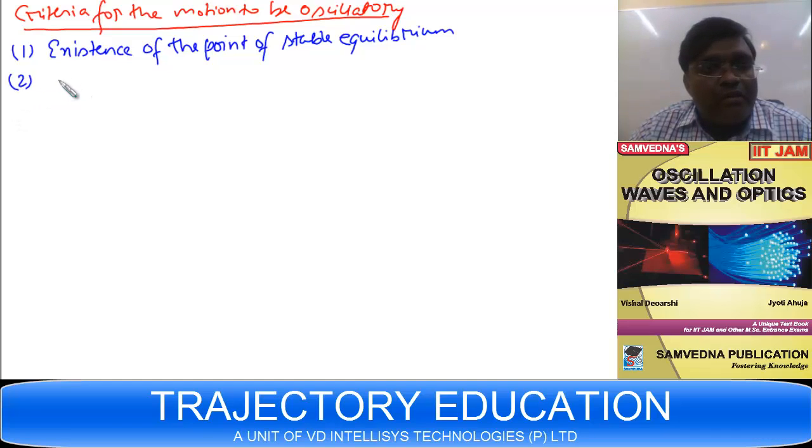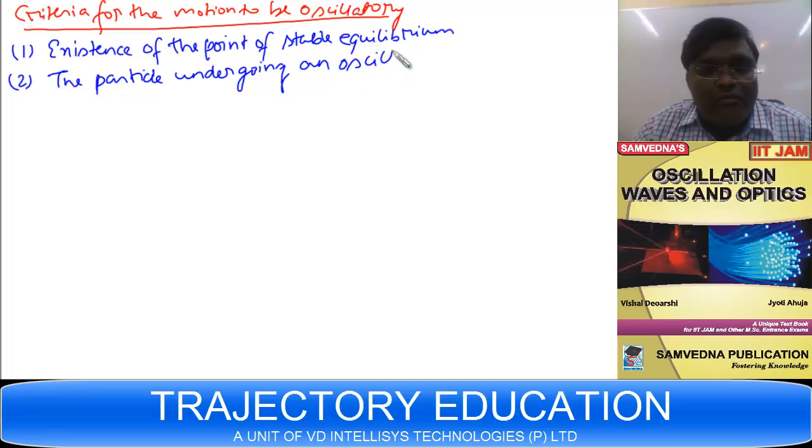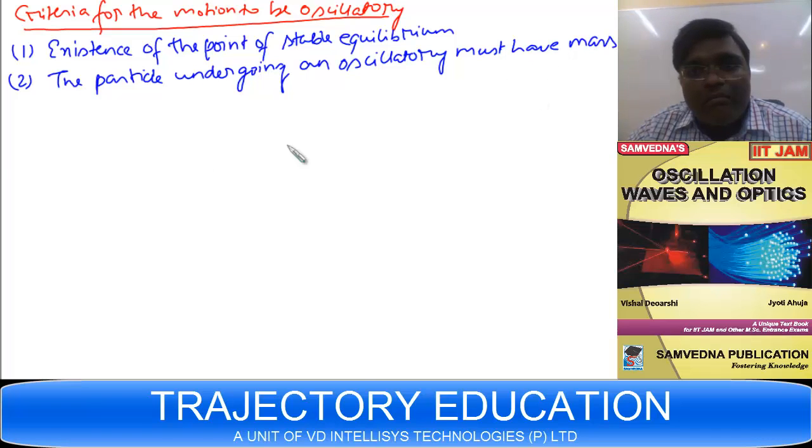Second, mass. The particle which undergoes the oscillatory motion must have mass.